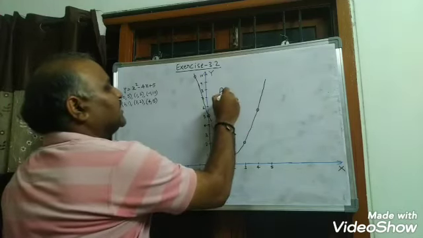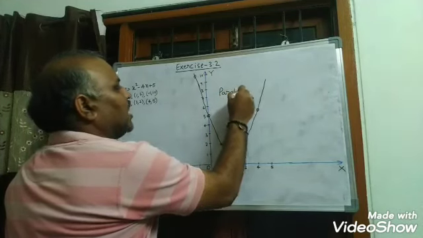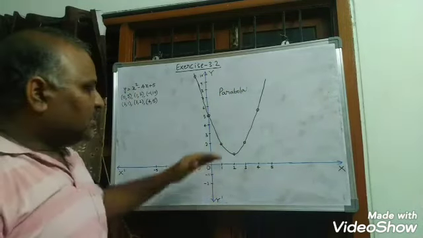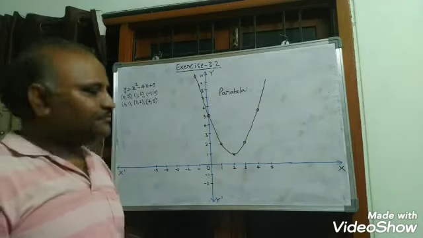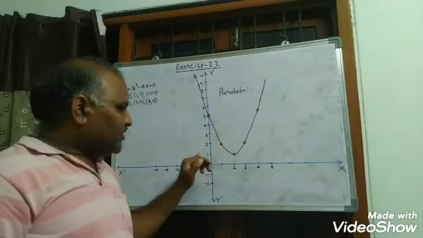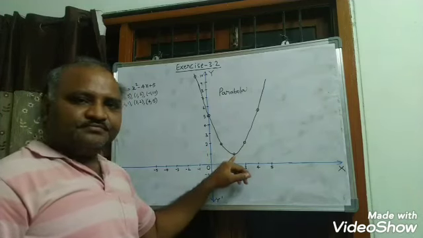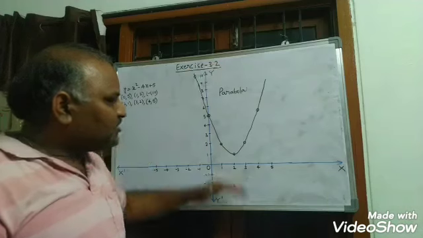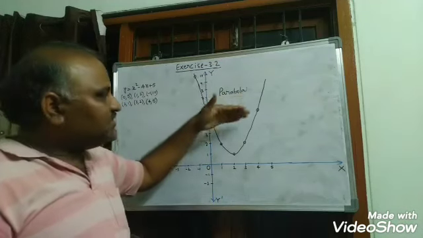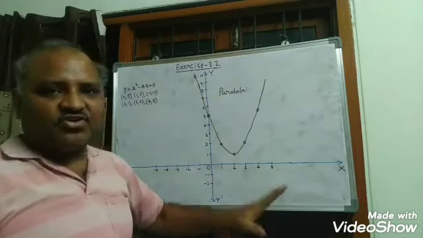So the shape of the graph is a parabola, and we can observe that this is not intersecting the x-axis at all. Minimum we have at 1 only. So below 1 we don't have any point on this graph. That means this is not intersecting the x-axis at all.